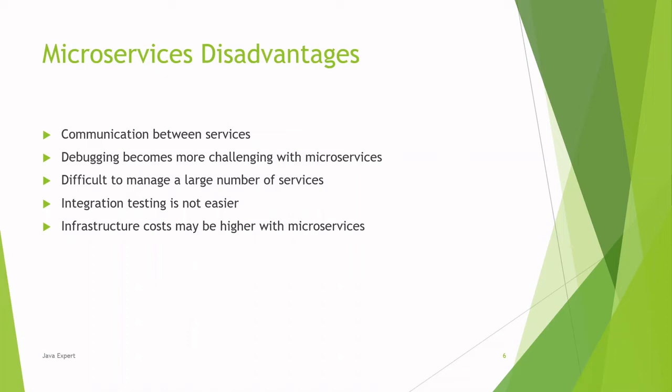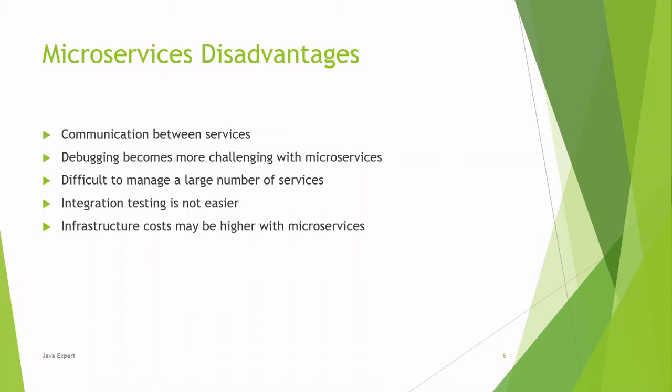Communication between services. Even though we broke our application into small services, each service is dedicated to one particular job alone, right? But sometimes that particular service alone cannot fulfill the business need, the client need, right?